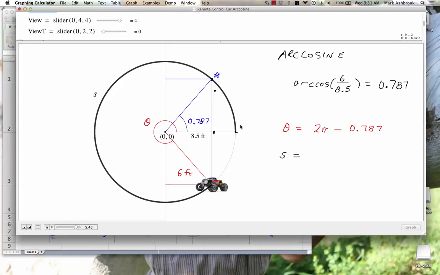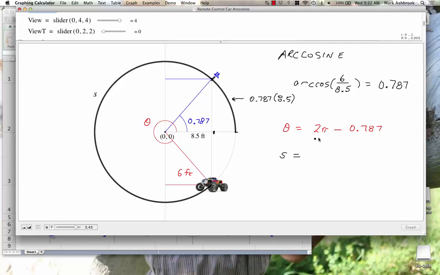See what he did? He just went right to this arc length. How could we get this arc length right here? How would you find that? 0.787 times 8.5. So this is totally valid. And that's the same as this right here, which is the amount of the circle that he didn't travel to get back to the starting point. So you could take the circumference, 2 pi r, minus that, and that would give you the S value.